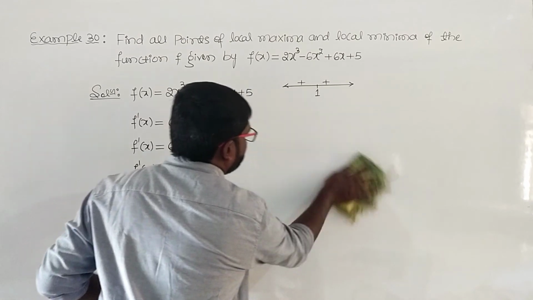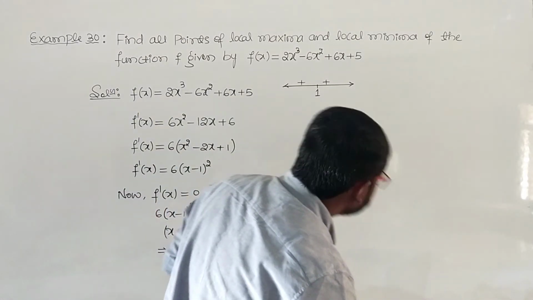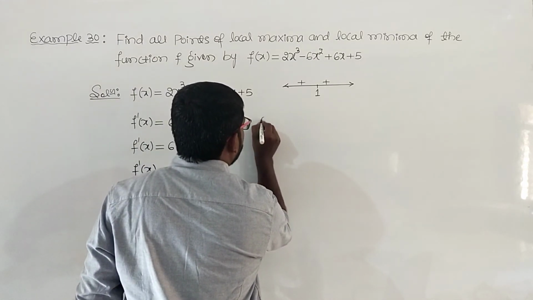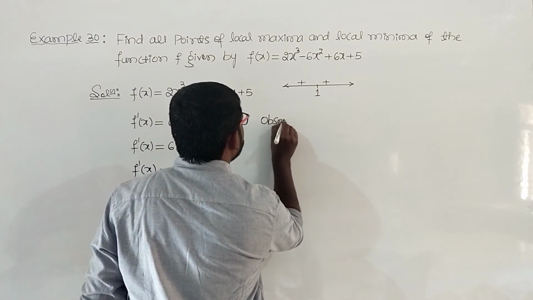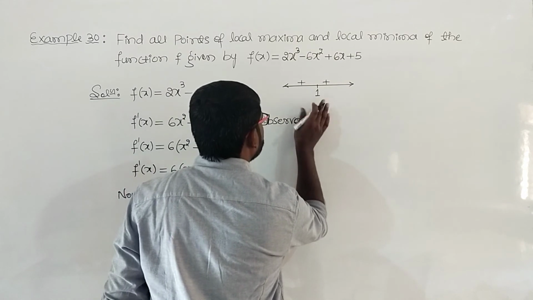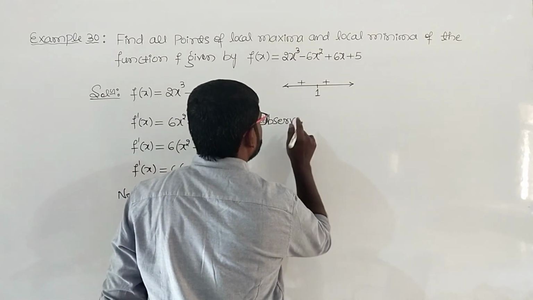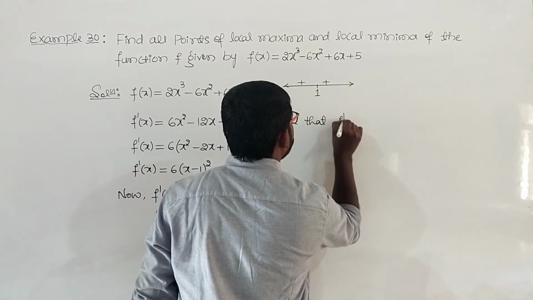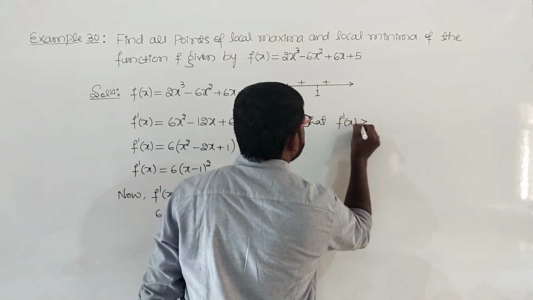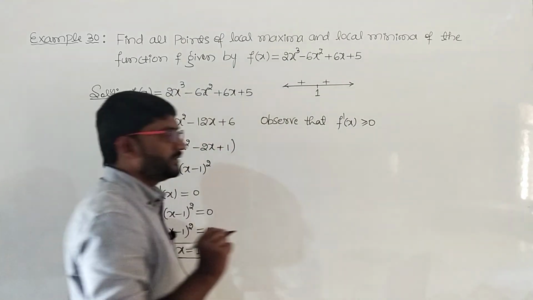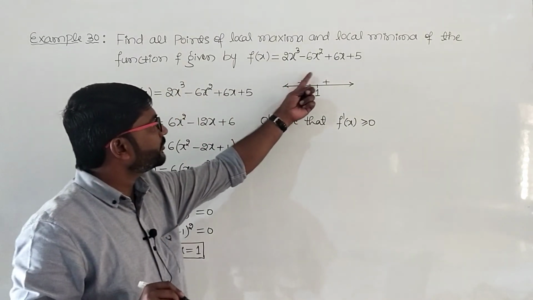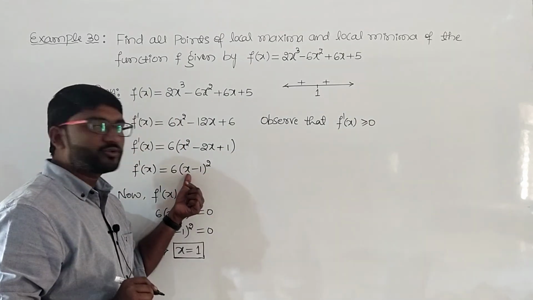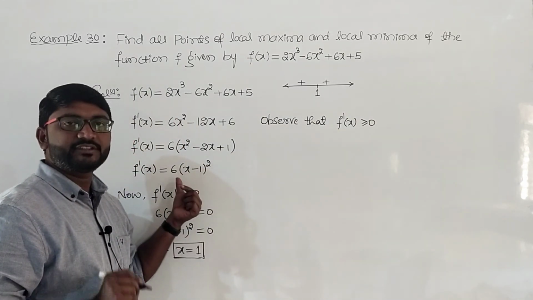So here we will have to write: observe that f dash of x is greater than or equal to 0. f dash of x is positive on both sides, greater than or equal to 0. Equal to 0 comes when x equal to 1 is taken: 1 minus 1 is 0, and 0 into 6 is always 0.